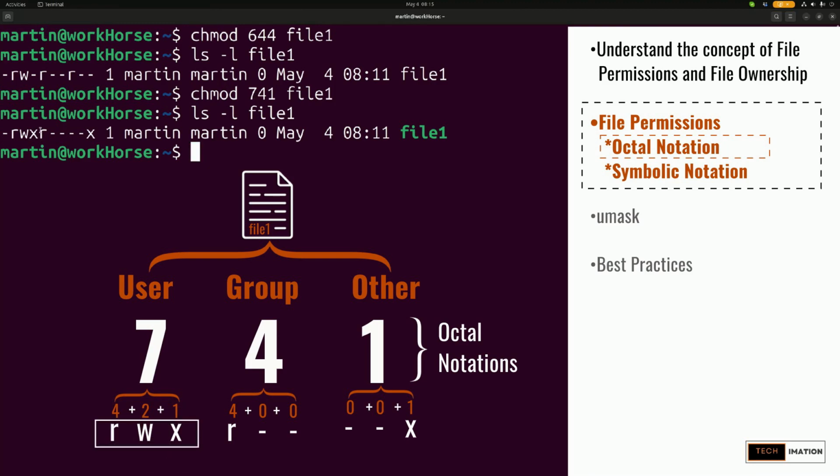So you have read, write, and execute for the user. For the group, you have just 4, which is read only. And for others, you have just 1, which is execute.